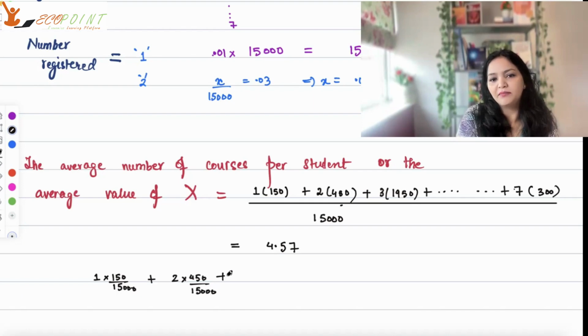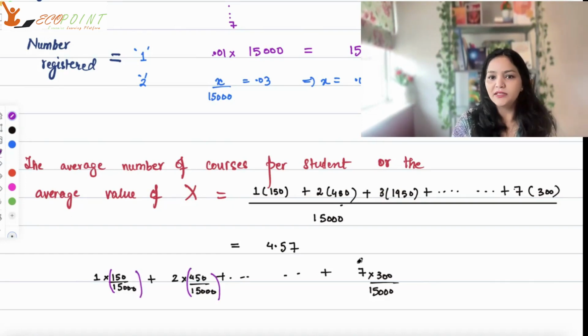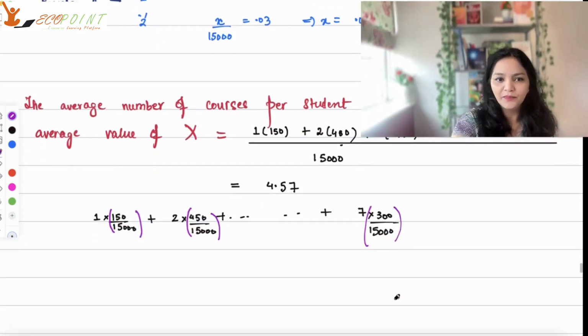Just break up this sum. 7 into 300 upon 15,000. So if you start looking at frequency in terms of this ratio, that is the relative frequency, you will actually end up with the probabilities that we have in that table.